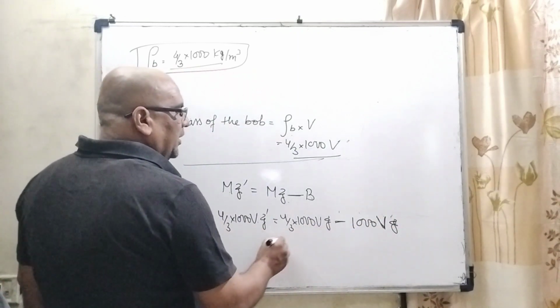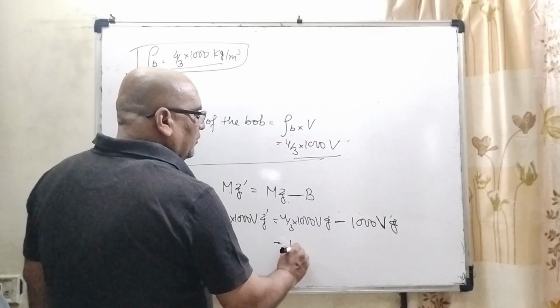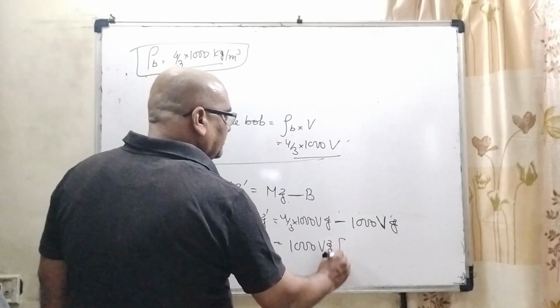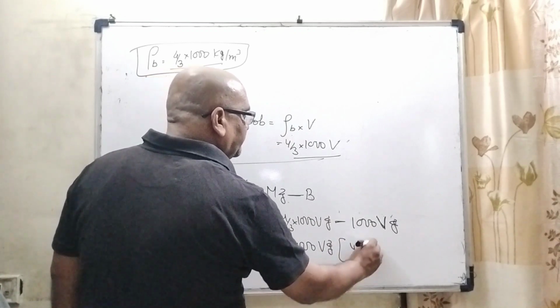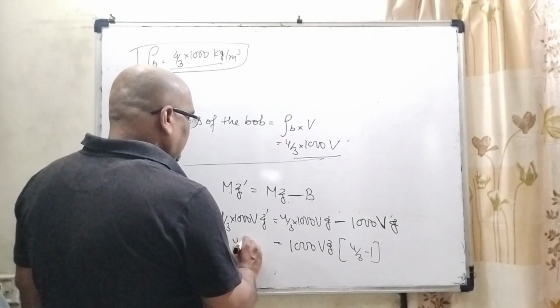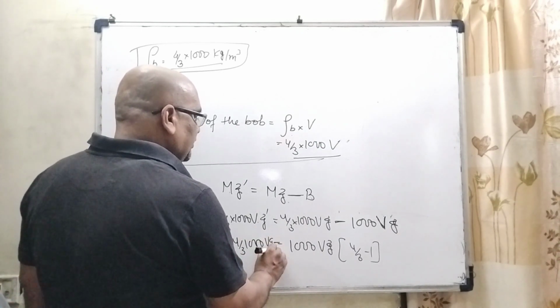Okay, so here 1000 Vg gets common: 4 by 3 g dash equals (4 by 3 minus 1) into 1000 Vg.